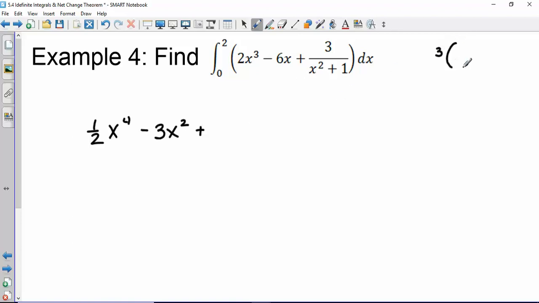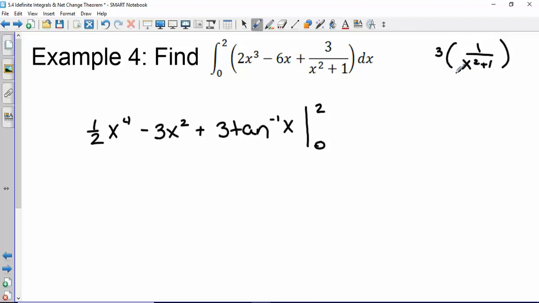Think of that as 3 times 1 over x squared plus 1. 1 over x squared plus 1, that was on that problem 39 last night. What's the antiderivative of that? Tangent inverse. Again, we couldn't evaluate that without a formula because you can't do the antiderivative of that quotient.